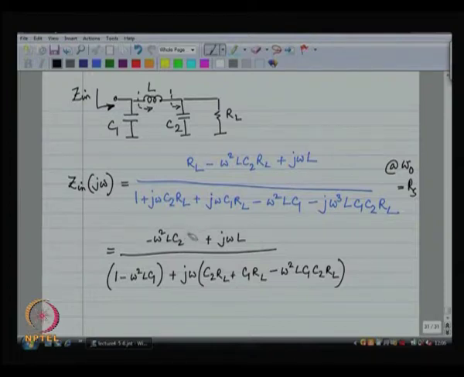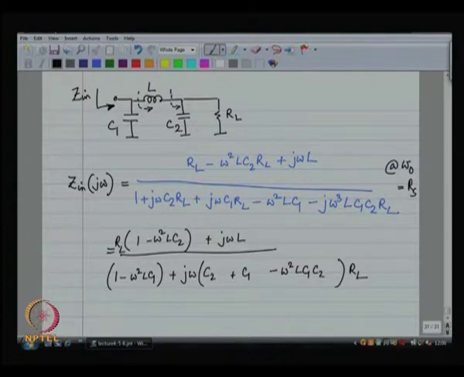This will simplify a little bit. This will also simplify a little bit. Okay.